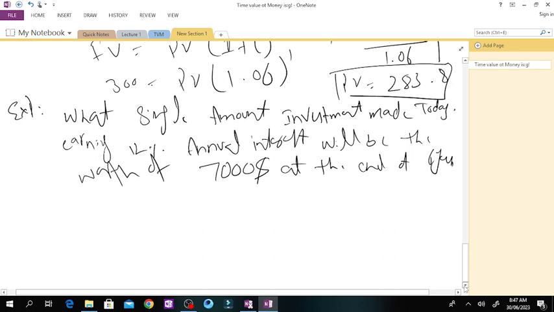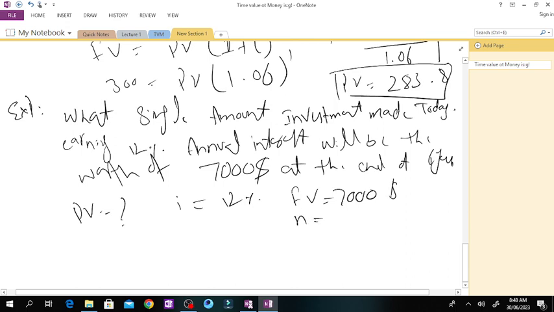Now just extract the information, just to get better understanding of what information you have. So what single amount to invest today? So what you have to find? You have to find present value. So interest rate you have 12%, and future value you have $7,000 at the end of 6 years.